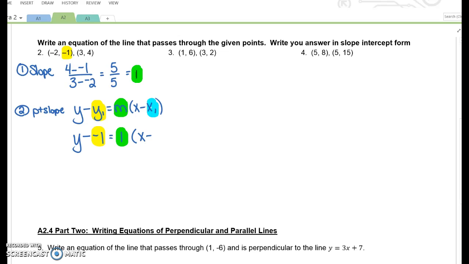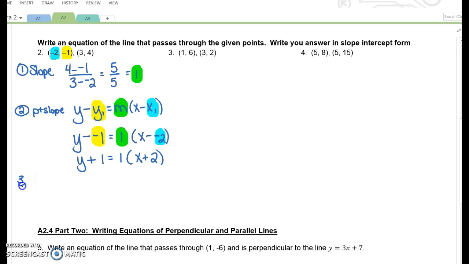X minus, what is the x value of that same point? -2. So again, notice that our coordinate was negative, so we had to put minus a negative. Okay, y minus a -1. Minus a negative basically means plus. And x minus a -2 basically means plus.